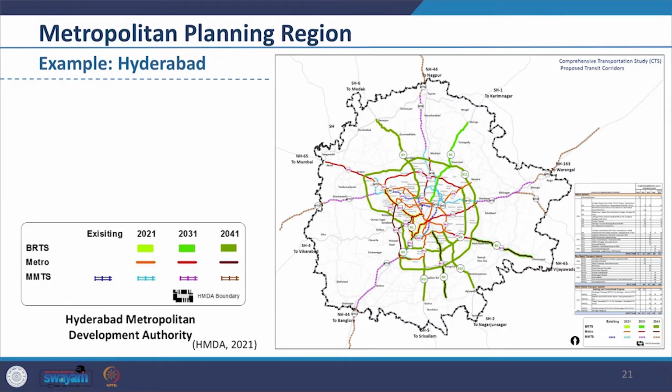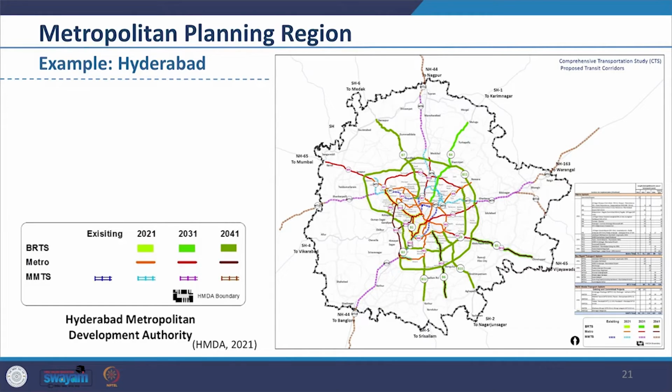Hyderabad Metropolitan Development Authority has used a transit-oriented development plan for the city using metro corridors, MMTS, potential BRTS, LRT and outer ring road. They have developed a transit-oriented development plan to develop the metropolitan area.